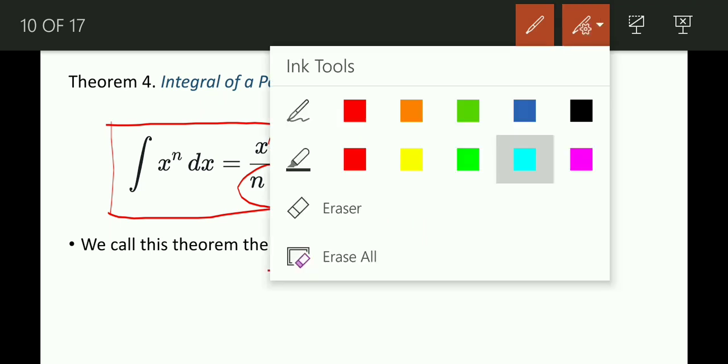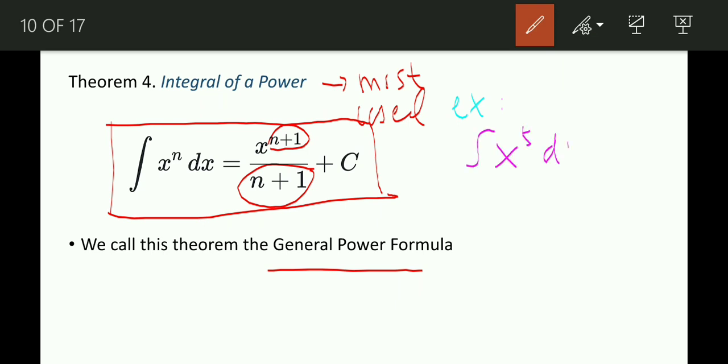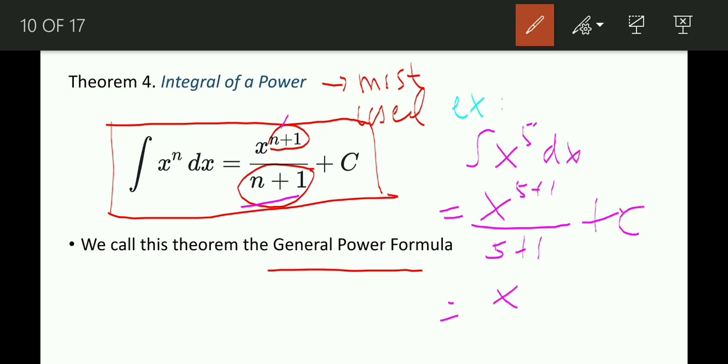For example, the integral of x to the fifth dx. Using the power rule, x to the power of 5 plus 1 over 5 plus 1 plus c. Then this will be x to the sixth power divided by 5 plus 1, which is 6, plus c.